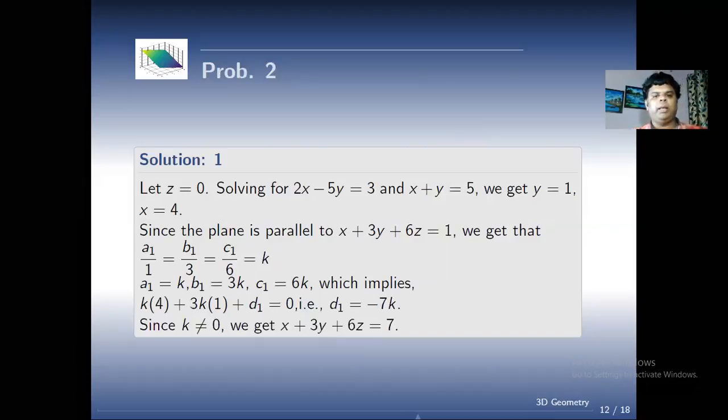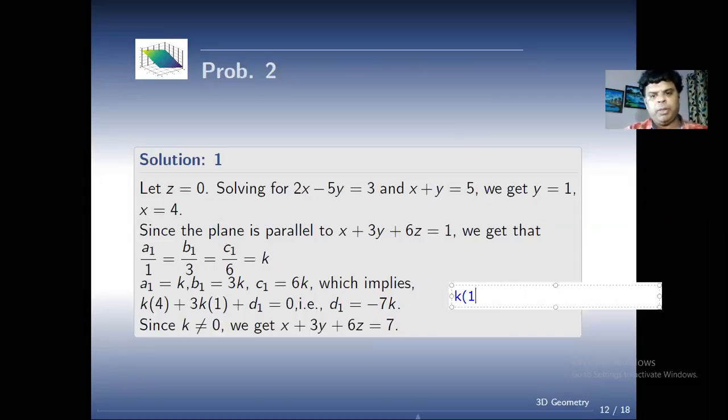And if I plug in a1, b1, c1 and d1 in terms of k, I'll get a1 was nothing but k times 1, b1 was 3k, so plus 3 times y, plus c1, which is 6k, so 6k times z, minus 7k, which is what I have for d1. This should be equal to 0.